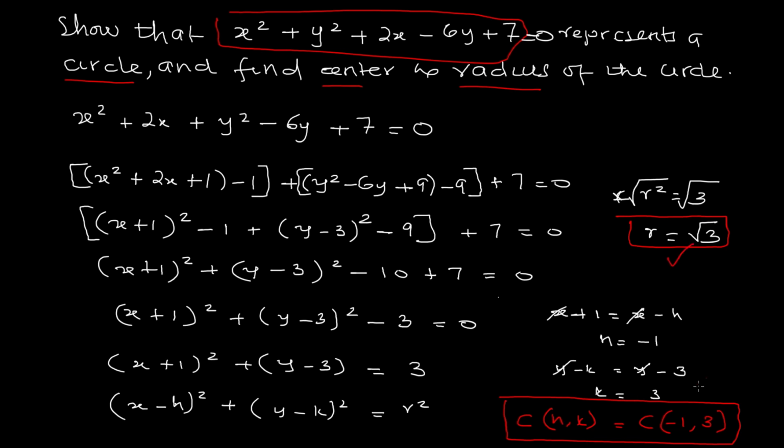So you have the radius, you have the center, and we could see that this was actually in this format. Okay, so we can confirm the 3 things. Is this a circle? Yes. What is the center? Minus 1, comma 3. And then what is the radius? It's the square root of 3.